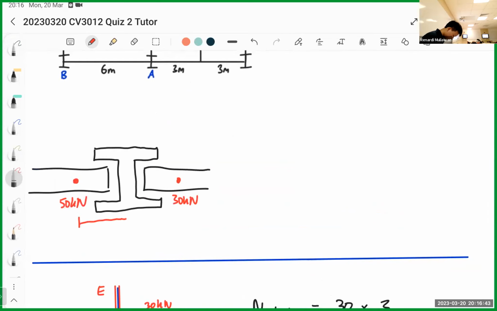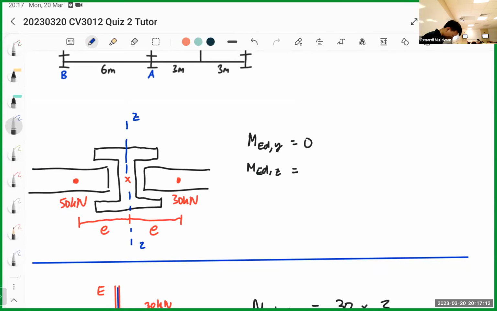Then let's say this one is E and this is E. So in this case, my Med,y is 0. Why? Because there's no beam in the y direction. But Med,z is this one.